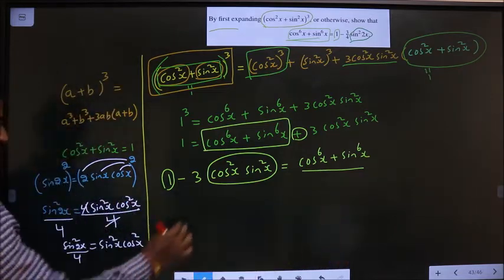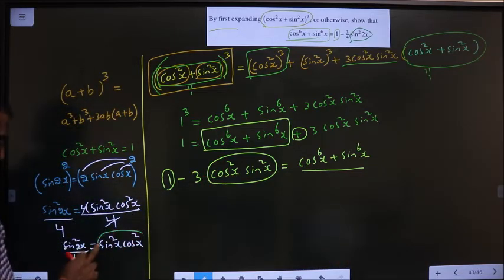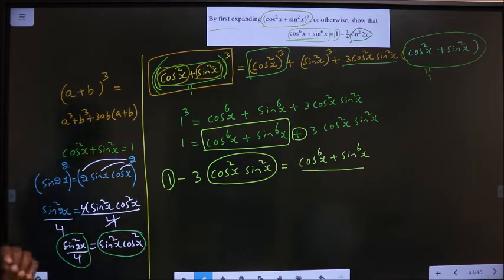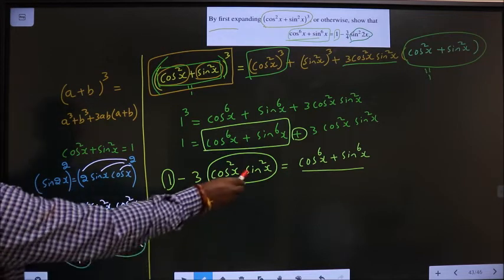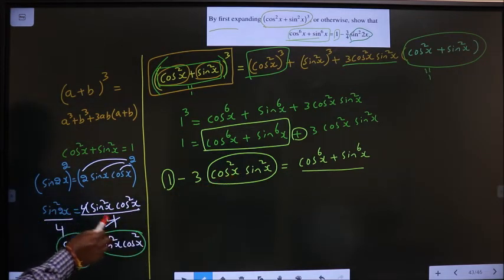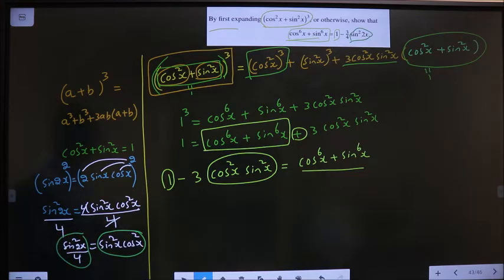Did you understand? Now in place of cos²x sin²x, I will replace this one. Any doubts? Here it was cos² sin². To get cos² sin², I divided by 4 on both sides. Now let us replace.